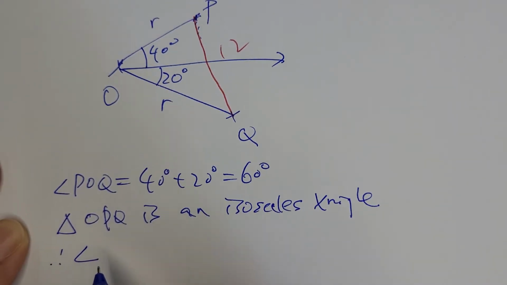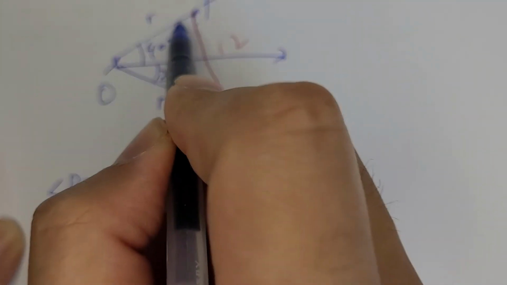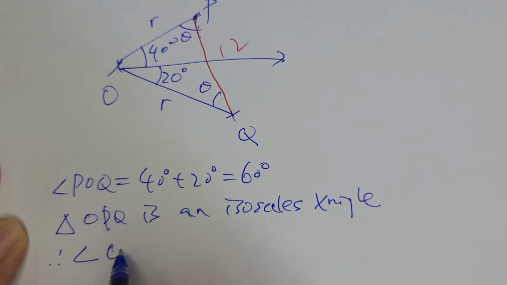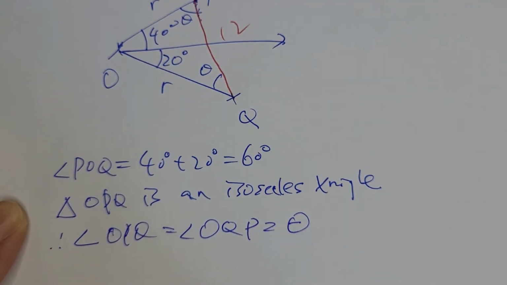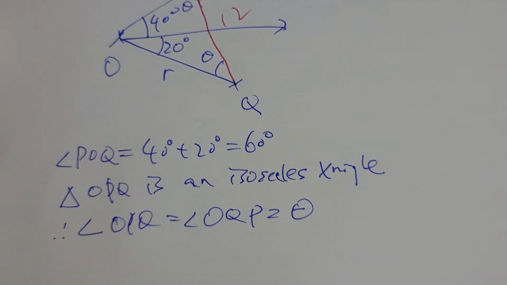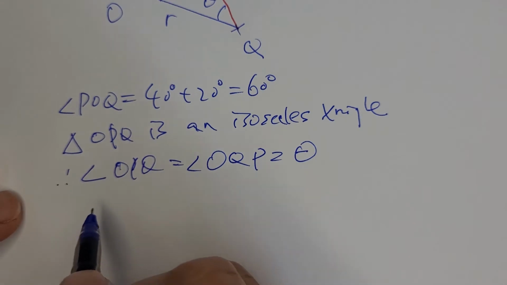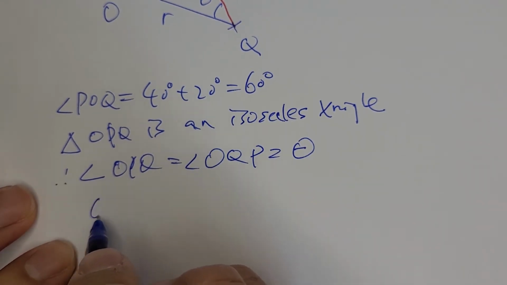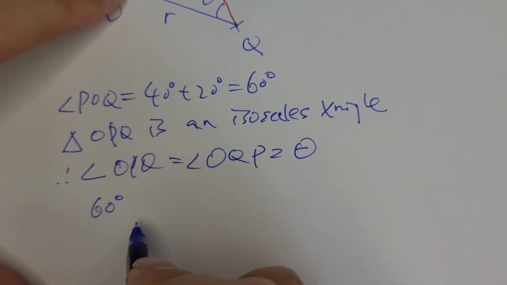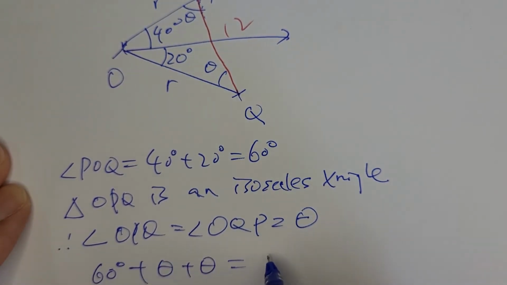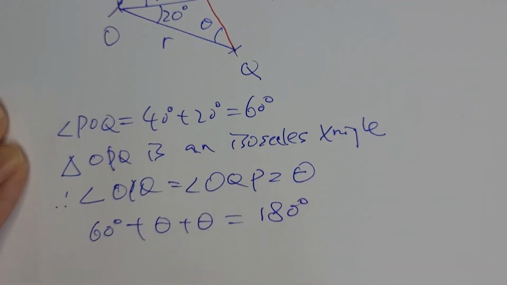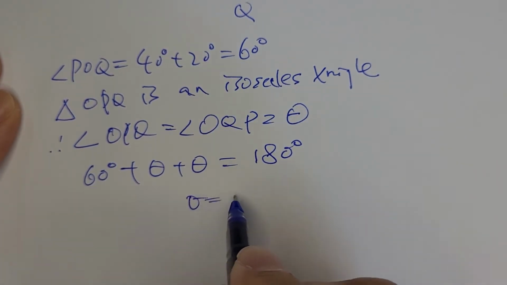Therefore, these two angles are equal. Angle OPQ equals angle OQP equals theta. Now, how to solve theta? That is 60 degrees, the angle you find here, plus theta equals 180 degrees. So you find theta is 60 again.